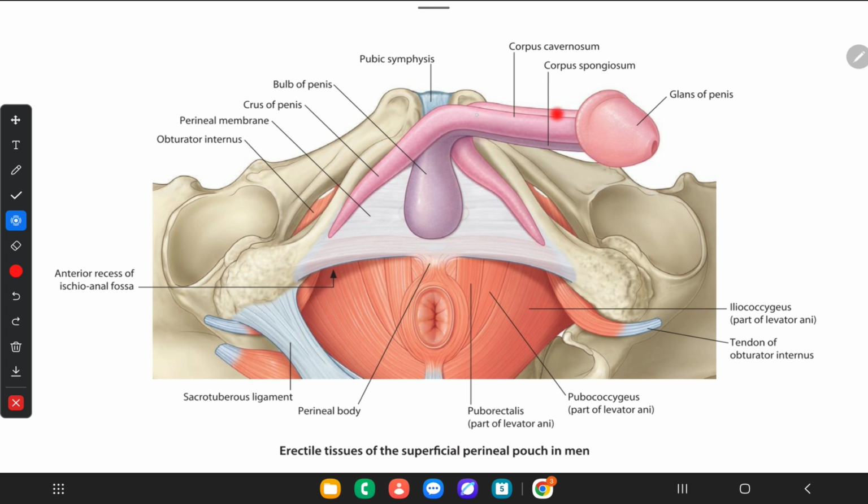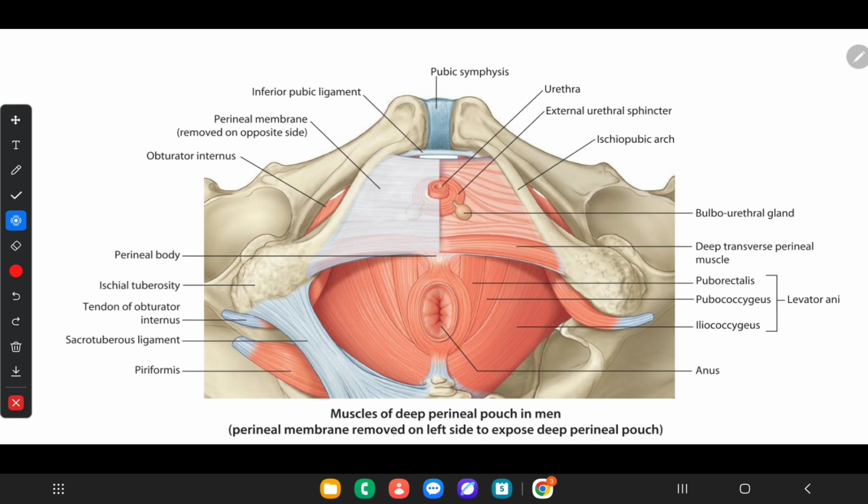Here, too, there are two corpora cavernosa, and this is the corpus spongiosum. And the perineal body again, and these structures are the same as the previous picture. Hope now you know about the structures in the superficial perineal pouch in both sexes.